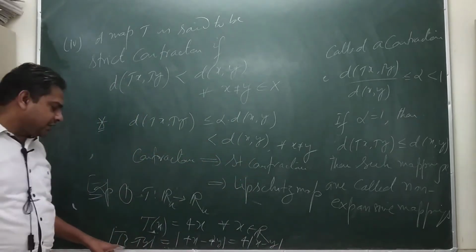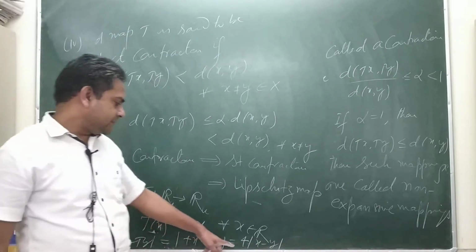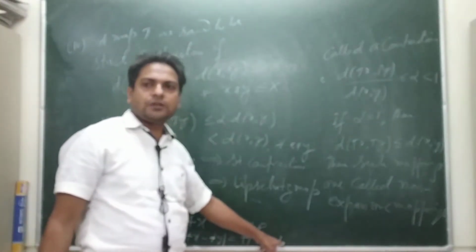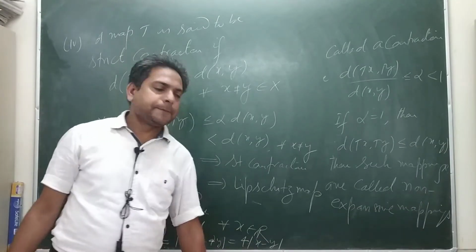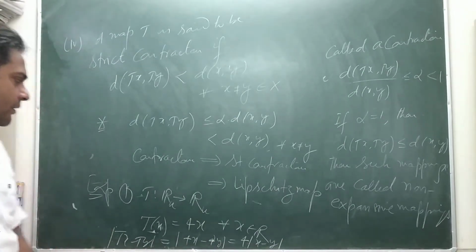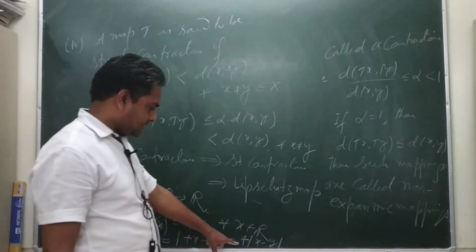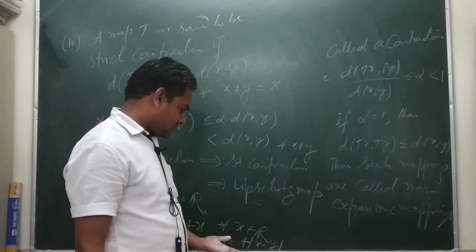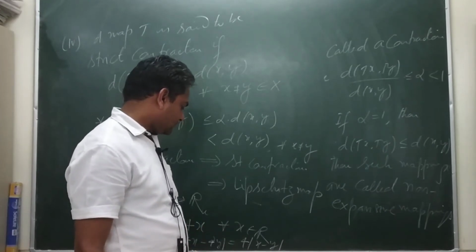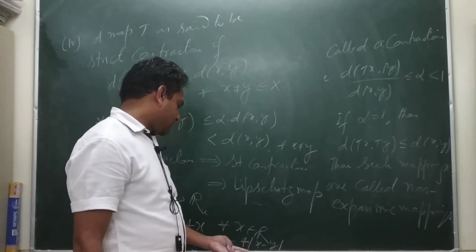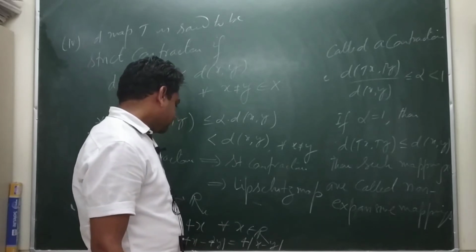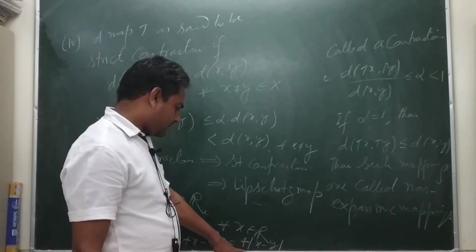So d of Tx Ty is basically 4 times d of xy. So this is basically a Lipschitzian map. Sometimes we call it a Lipschitzian or Lipschitz map with Lipschitz constant 4. Of course, this is not a non-expansive map, or you can say contraction map or strict contraction.